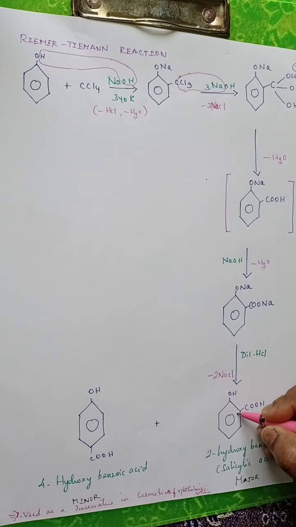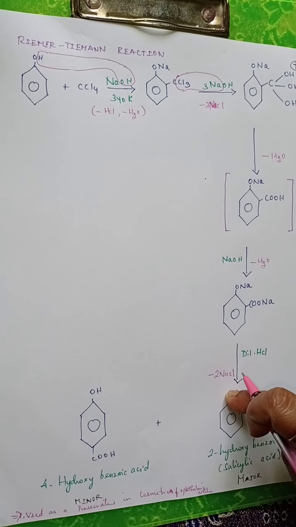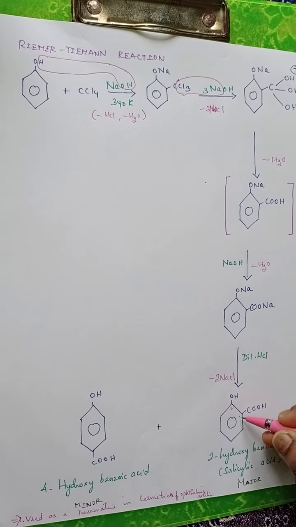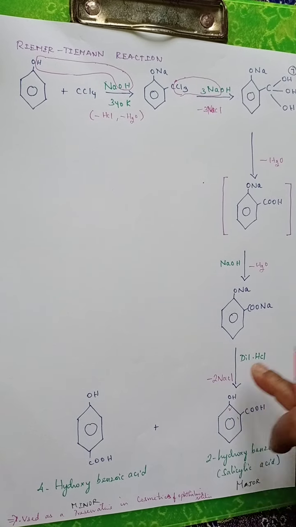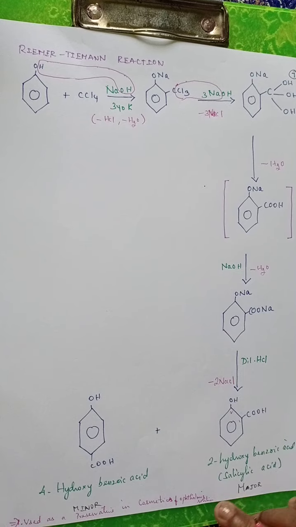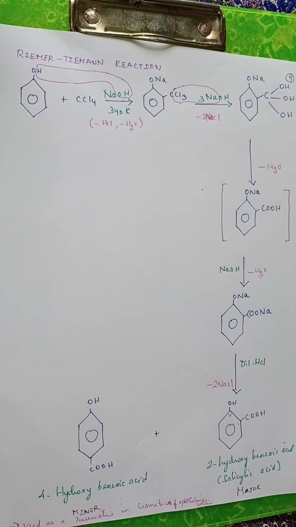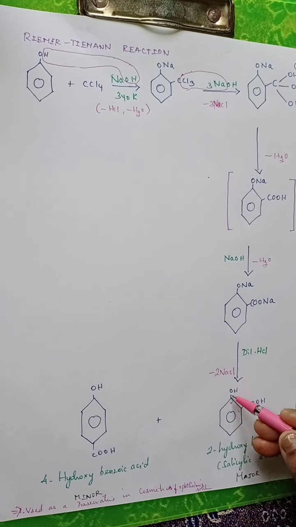2-hydroxybenzoic acid. Again, as I said, 2-hydroxy, because you take the acid as position 1, since it is salicylic acid. So rather than saying phenol, you write 2-hydroxy; the position of hydroxyl is 2.